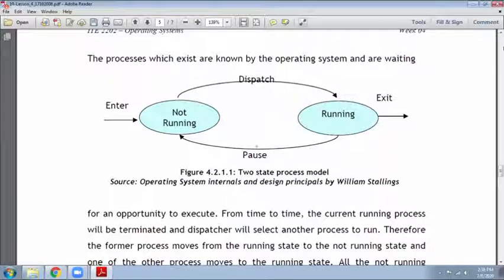So when you pause the running process, it will change its state from running to not running. When resources are available, you can take a temporarily stopped process from the queue and dispatch it.